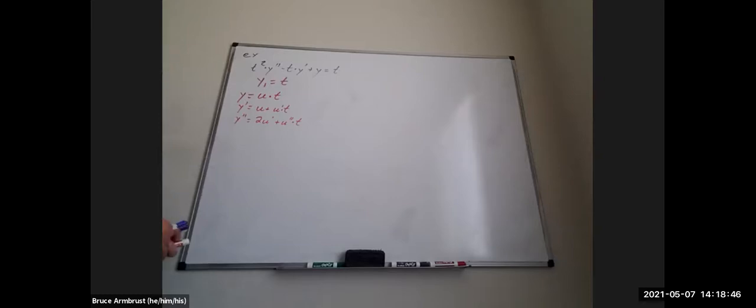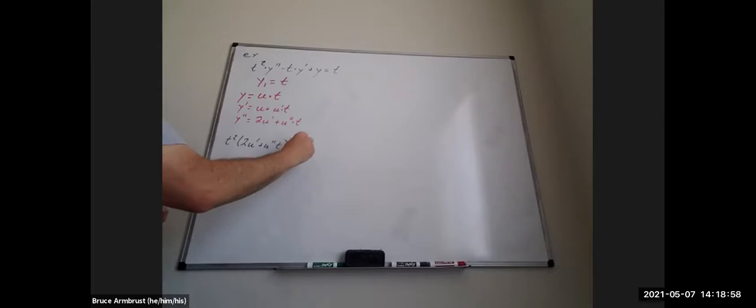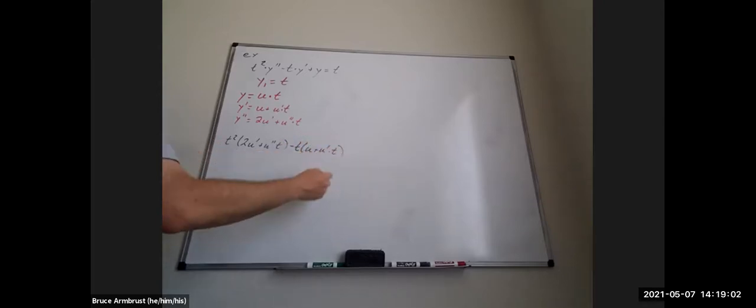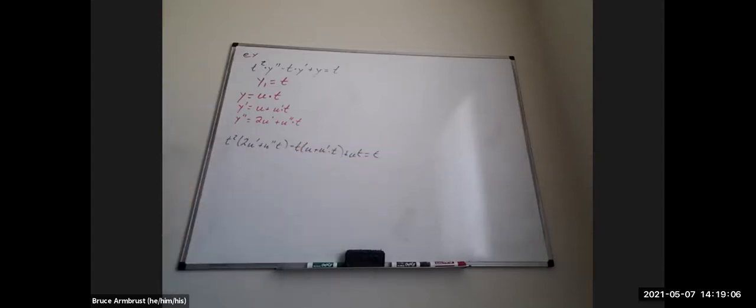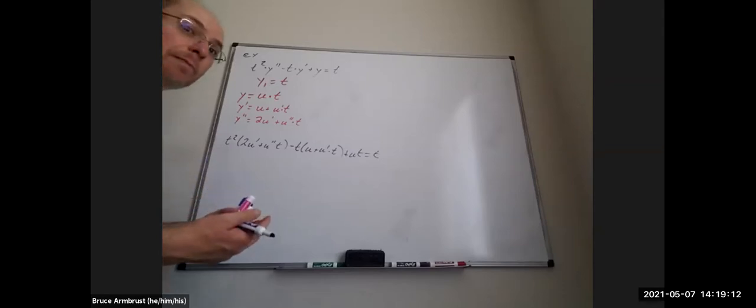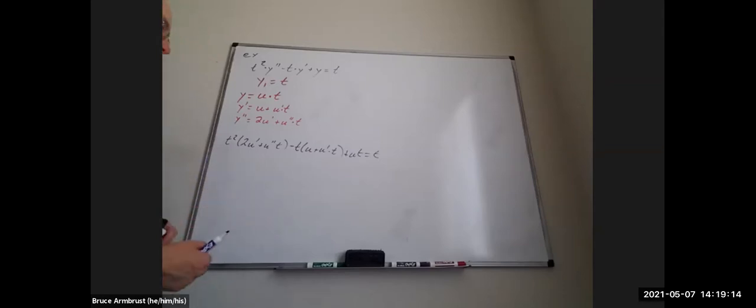All right, so let's put those back into our differential equation then and see how this gets changed. So we get t squared times 2u prime plus u double prime t minus t times u plus u prime t plus ut equals t. All right, so we're going to do the same, group them by u's.